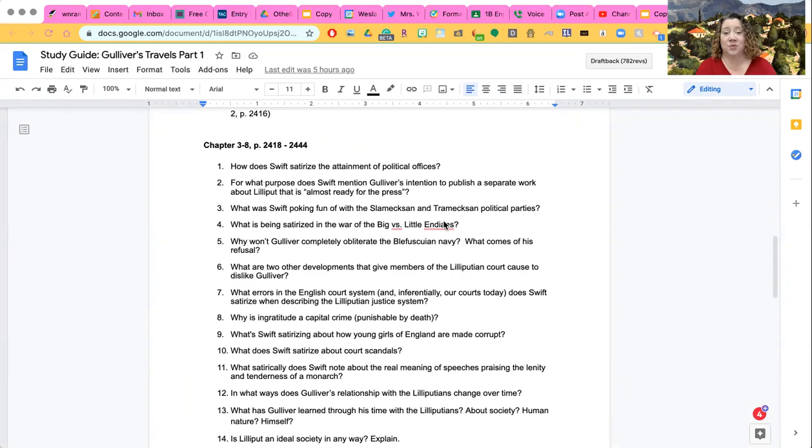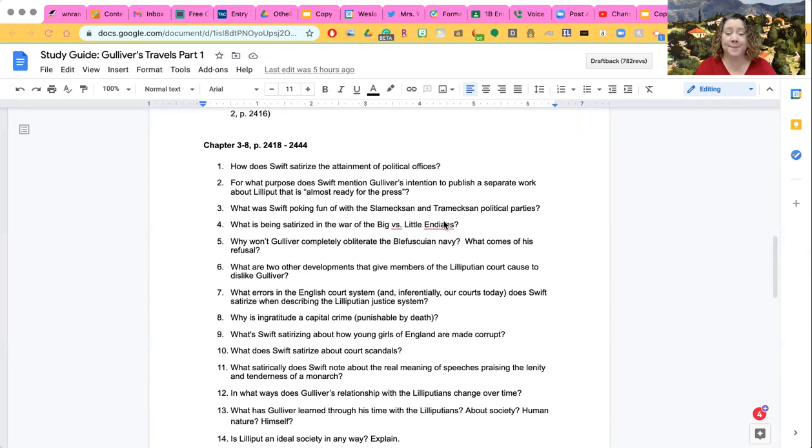And so when Gulliver goes to visit those Blefuscians, they see that in Lilliput as kind of a slight. And actually, they end up using that as one of the reasons that they are going to exile him and blind him and kick him off of their island. But those two represent England and France.